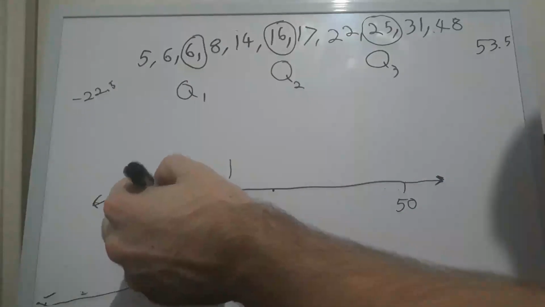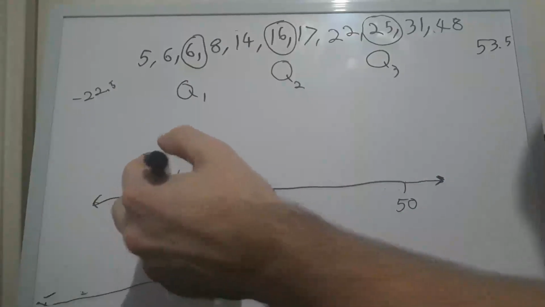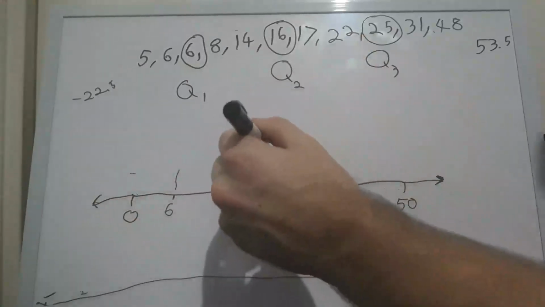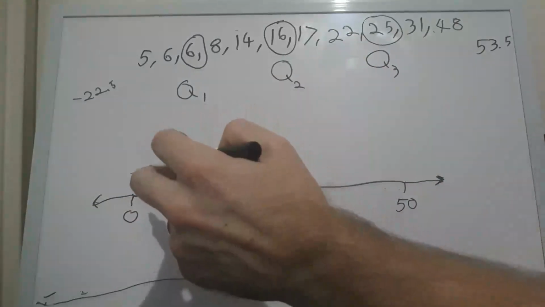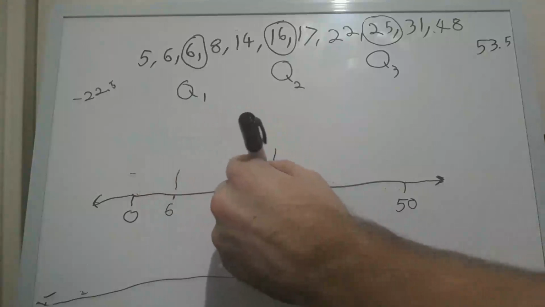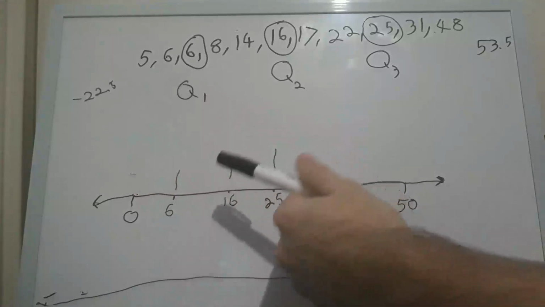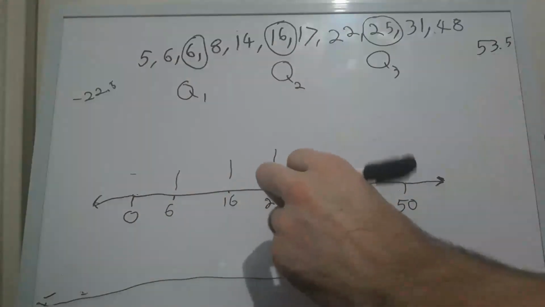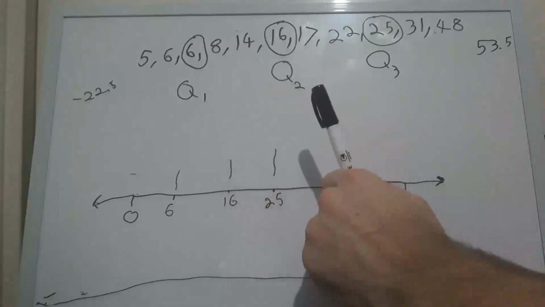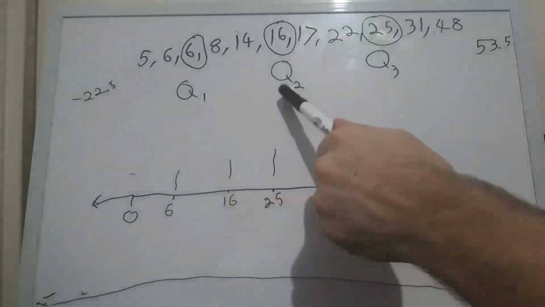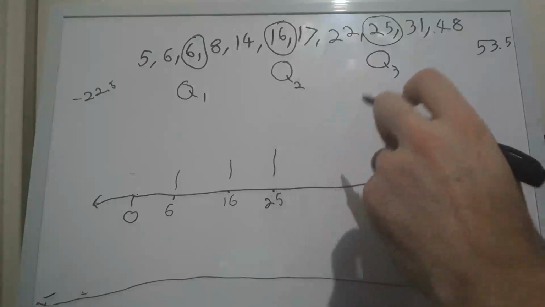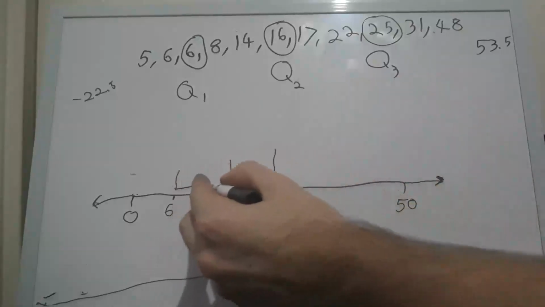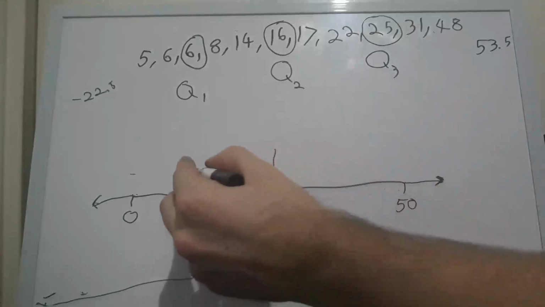We'll call that 6, draw a line up there. Q3 is at 25, so I'll put that there. Your box in this box plot is made up from Q1, Q2, Q3. Now I drew a bunch of lines here, but I'm going to add some more lines to make a box.